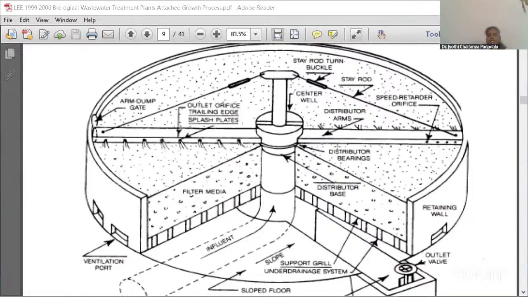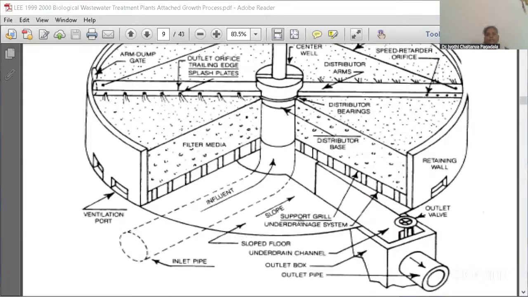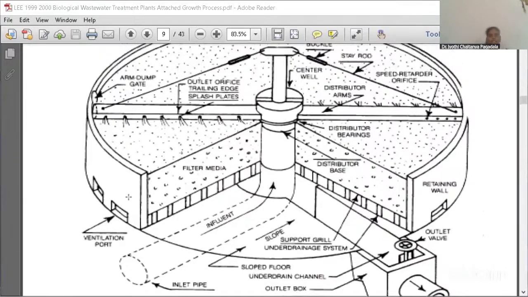These are called distributor arms, which always rotate, and with the help of the microorganisms we can filter. Here you can see the presence of a ventilation port. From here the oxygen supply takes place. This is the distributor base where the rocks are present.